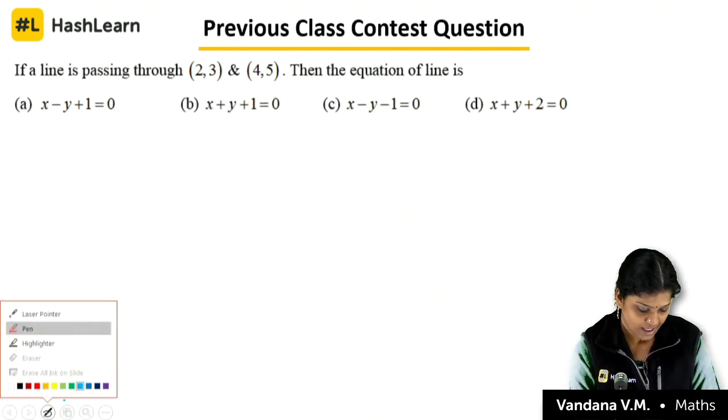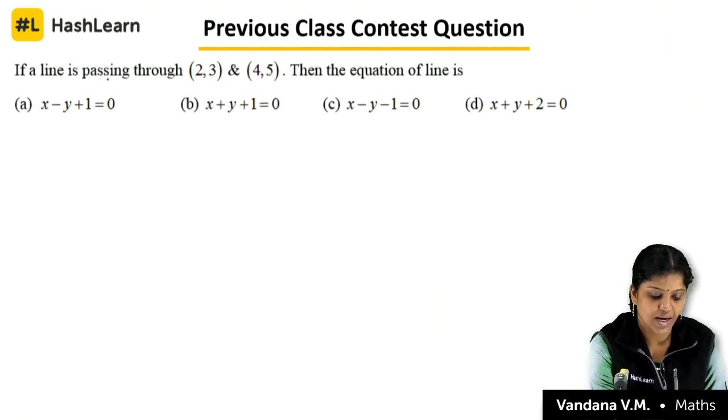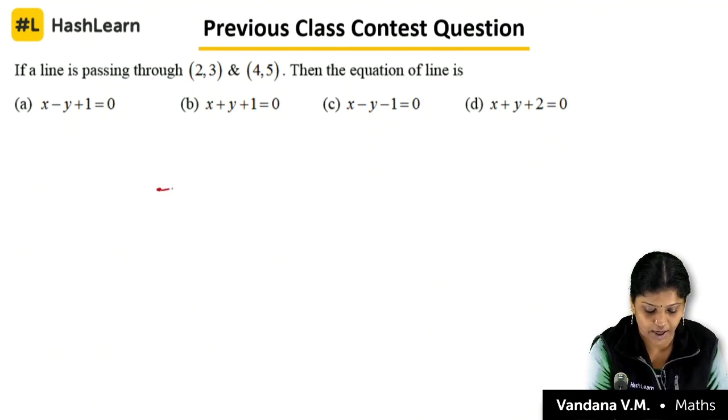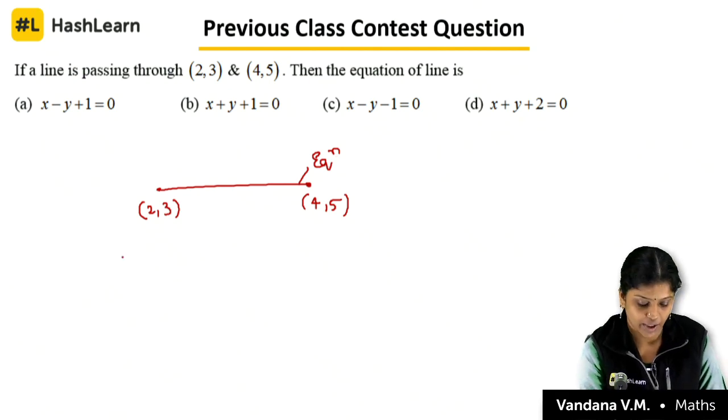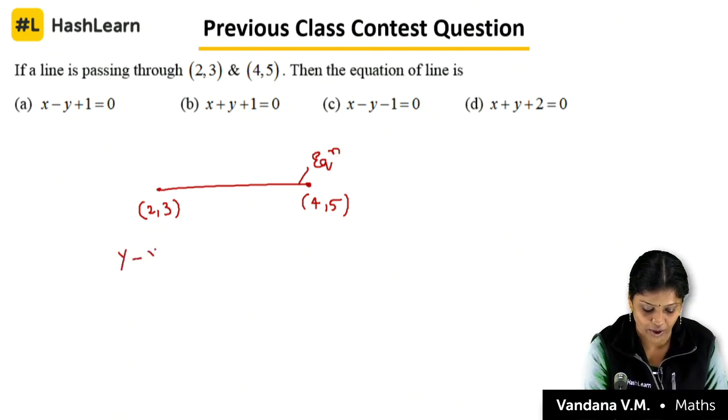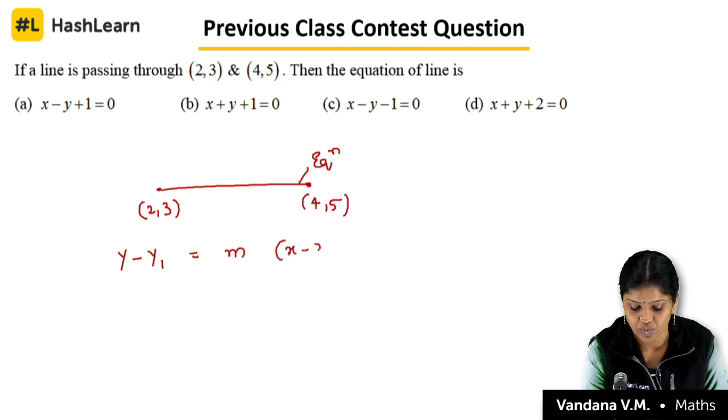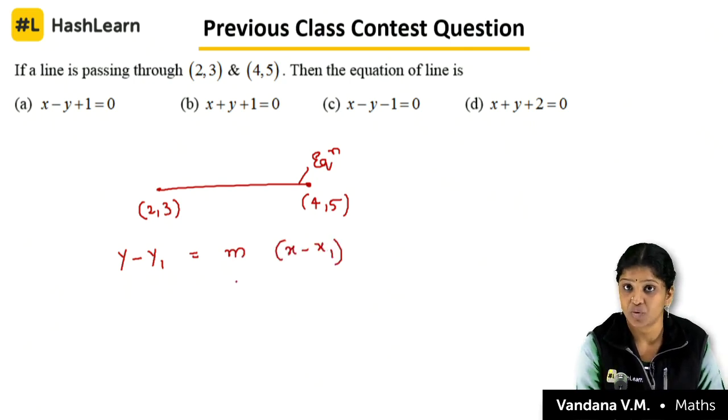Now, the previous class contest question: the line passing through the points 2, 3 and 4, 5. I want this line equation. I told you y minus y1 is equal to m into x minus x1, when I know the point it is passing through.